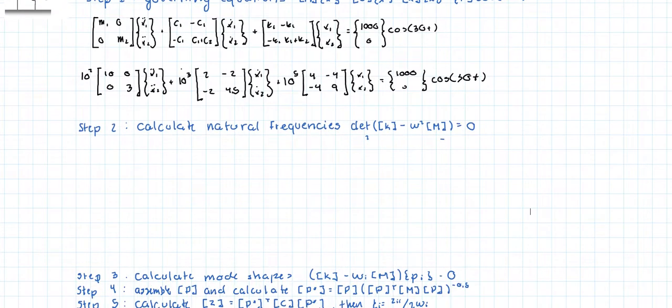Okay, so we are going to take the determinant of the stiffness matrix minus the, I actually made a mistake here. Should be the natural frequency squared. In any case, we're just going to use the lambda notation.